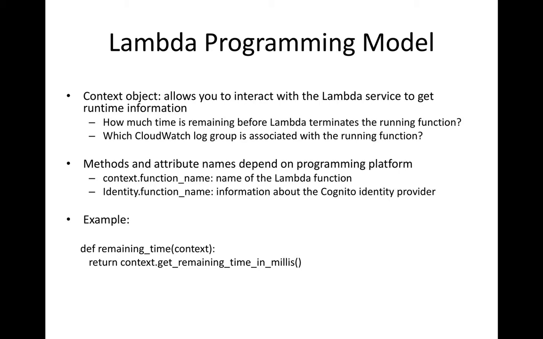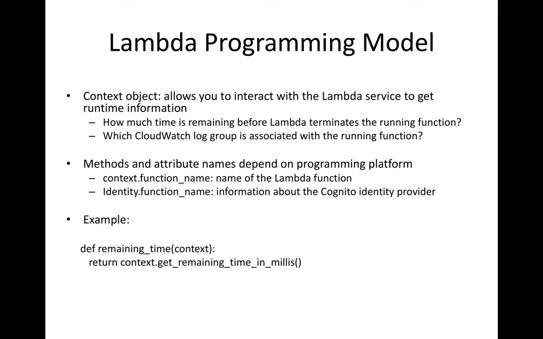The context object is also passed into the Lambda handler function, and the context object allows you to interact with the Lambda service and execution environment in order to get some additional runtime information.